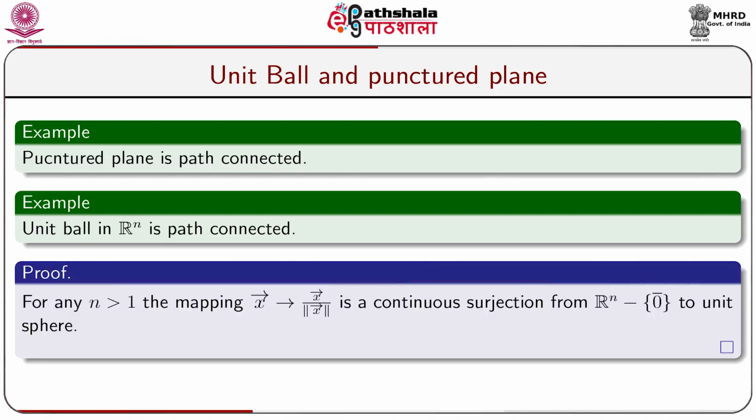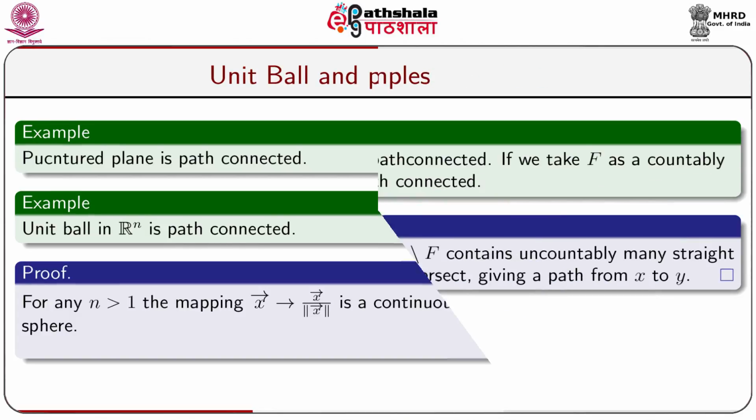And since the continuous image of any path connected space is path connected, therefore the unit ball in Rn is path connected. So we have shown that R is a path connected space, the punctured plane is a path connected space, and the unit ball is a path connected space.